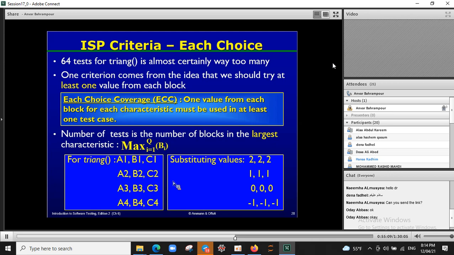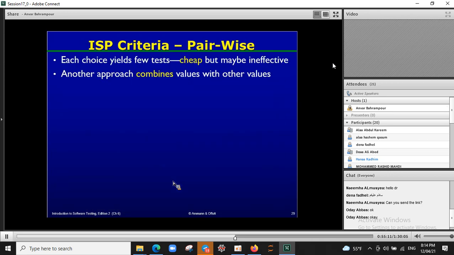The first choice could be pairwise coverage, which considers the relation between each 2 blocks. Each choice coverage yields few tests. This is a cheap coverage criterion and maybe ineffective. On the other hand, another approach combines values with other values.